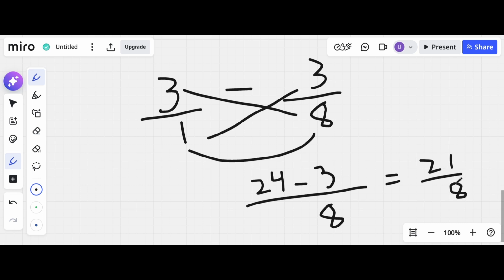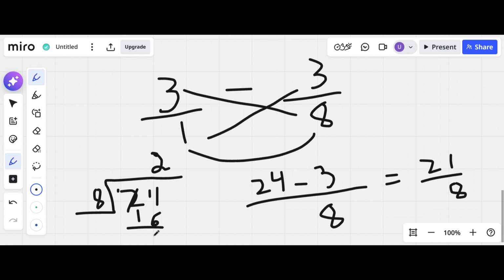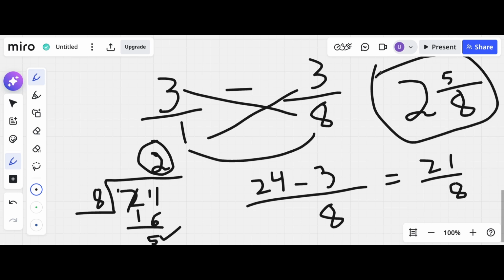Now, we're not complete yet because this is an improper fraction. 8 times 2 is 16, 5, so 2 whole, we start from the top, 2 whole, come down 5, and the denominator remains the same. So this is actually our answer, right?